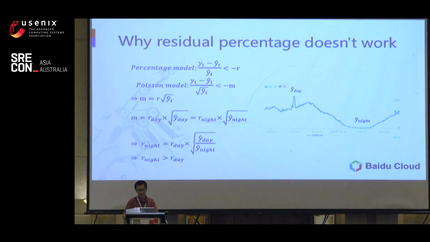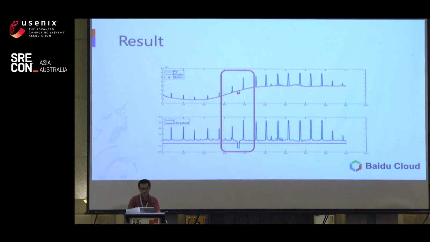In one of our curves, our engineers set a percentage threshold of 4% at day and 8% at night. Based on their experiments, we observed that the PV number of these curves at day is roughly 4 times the number at night. This indicates that the probability model is consistent with the engineers' experiments. This page shows the result of our detector. The figure above is the raw data and the predicted value.